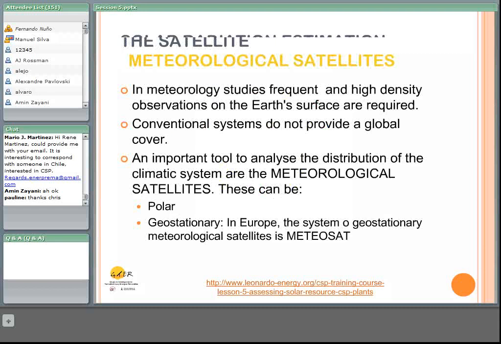There are different procedures or different models to estimate solar radiation from satellite images, and normally, at least the most frequent is to use geostationary satellites. In Europe, this satellite is the METEOSAT.